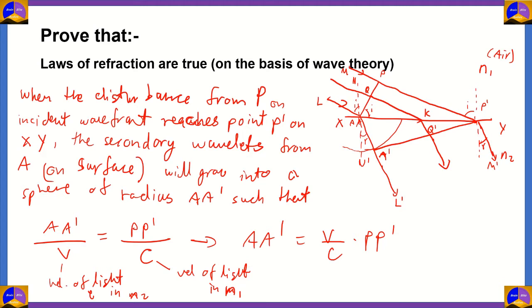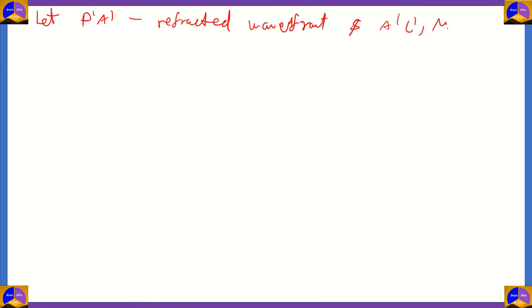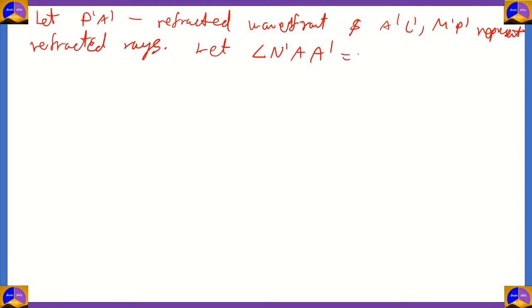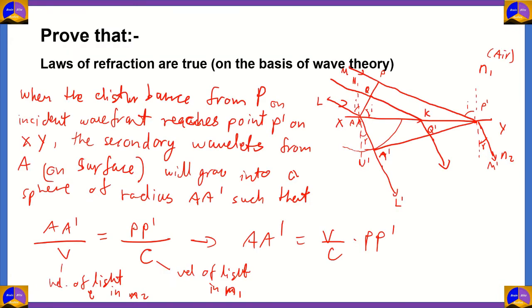So now let P dash A dash represent the refracted wavefront, and A dash L dash, M dash P dash represent refracted rays, and let angle N dash A dash L dash be equal to the angle of refraction.